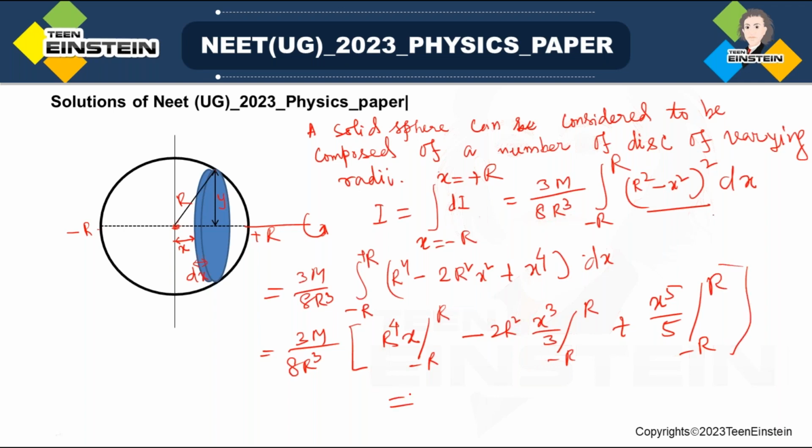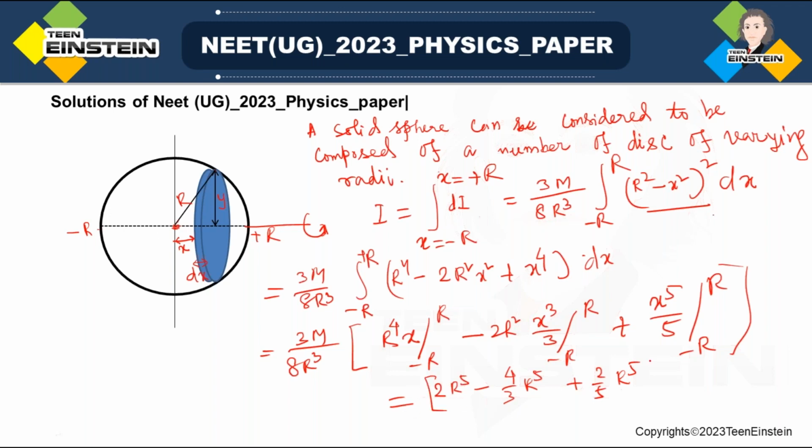If you simplify it, see here, this is the upper limit, this is the lower limit. So you'll get here 2R to the power 5, then here 4 by 3 R to the power 5, and here again 2 by 5 R to the power 5.